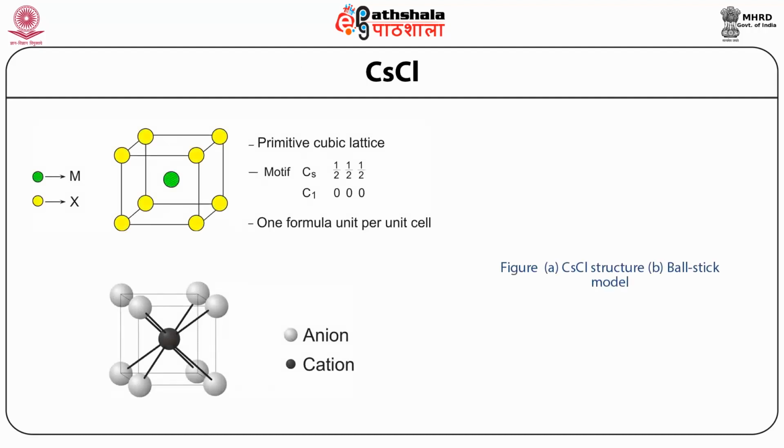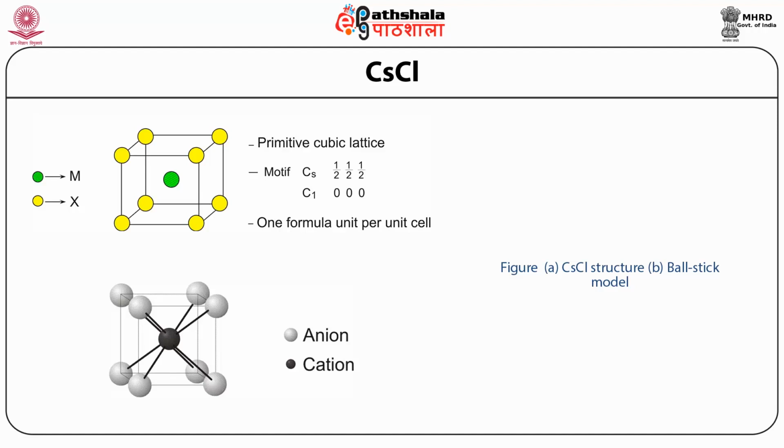Now let us analyze the structure of cesium chloride. As we have discussed in the previous slide, it is MX type compound. So there are only two types of atom, that is M and X. Here M are represented by green color and they occupy the center position, whereas X atoms are represented by yellow color and occupy the corners of the unit cell.